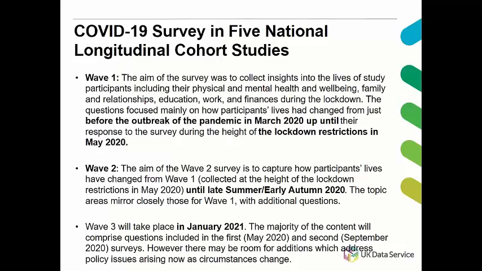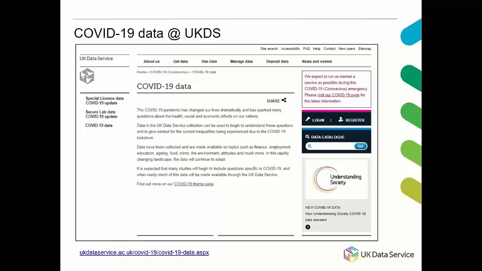Wave 2 will follow on from that point until late summer, early autumn 2020. And the following wave will cover from that point onwards until January 2021. So very up-to-date data, which can be analyzed regarding COVID-19.